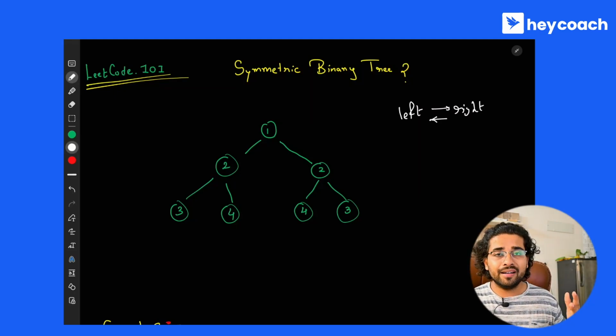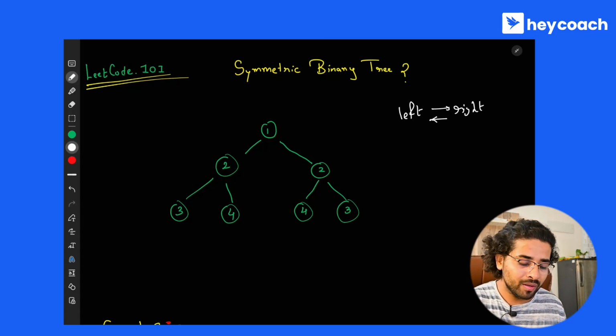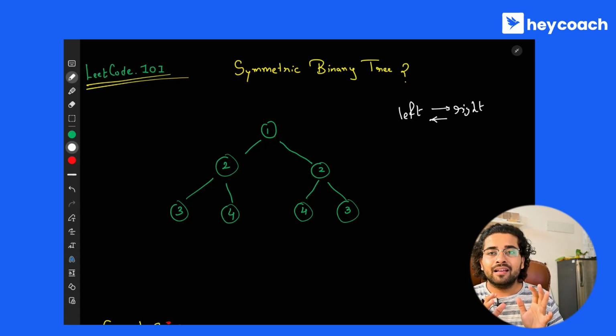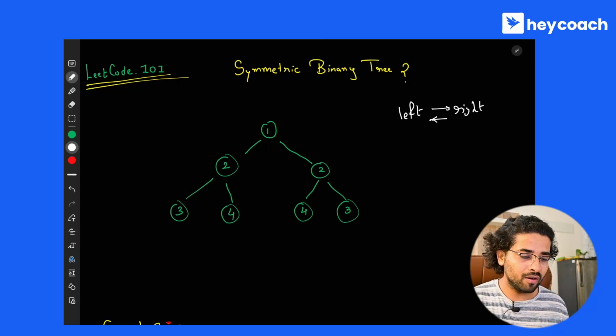When both conditions become true, then only we can say that the left subtree is a mirror of the right subtree, or the right subtree is a mirror of the left subtree. And if both conditions are true, the mirror is around the center point, around the root, and we can make sure that it is a symmetric tree. So let's try to build the logic for it.